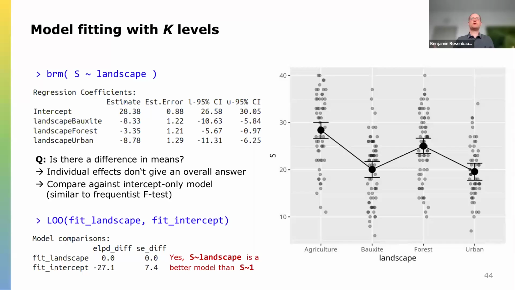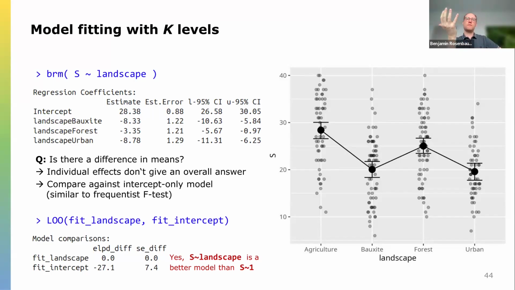However, you can construct it yourself if you're interested in the classical ANOVA type analysis, which means you fit the model where landscape is a predictor. You fit a second model where you just fit an intercept for all of them. So the model is just S tilde 1. So you're just fitting the intercept. And then you perform model comparison.